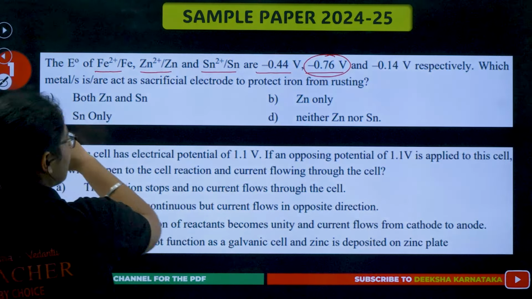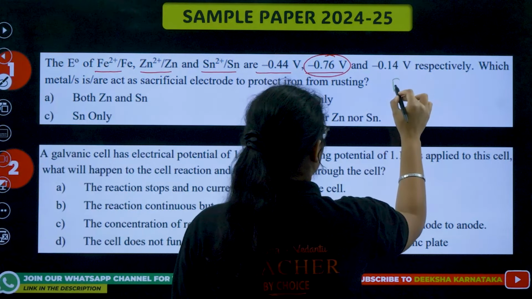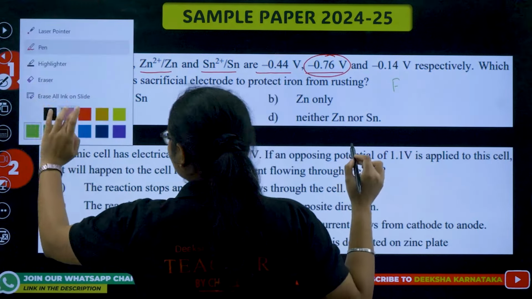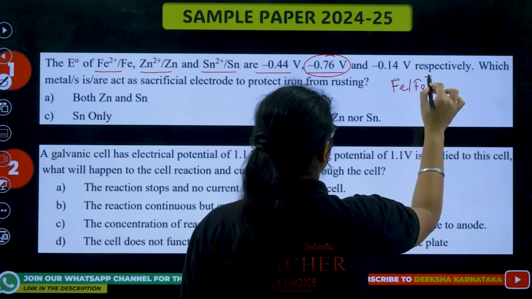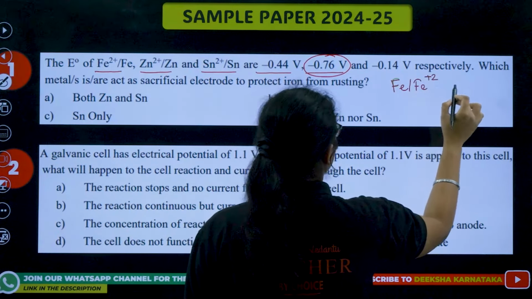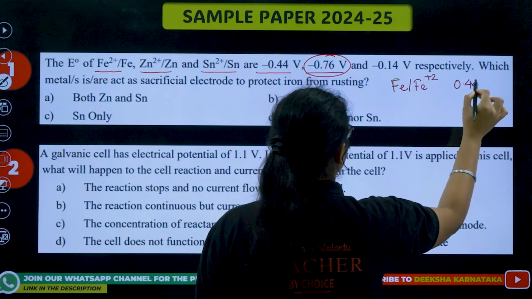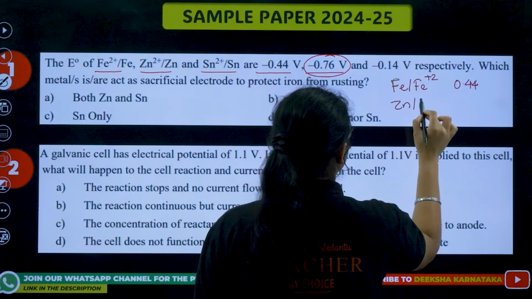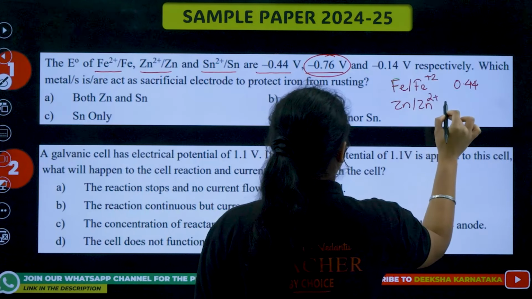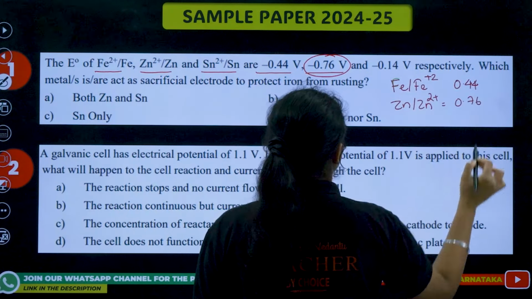For Fe to Fe2+, the value is plus 0.44. For Zn to Zn2+, the value is plus 0.76.